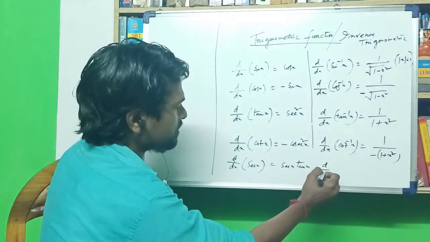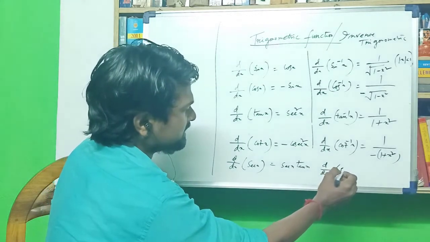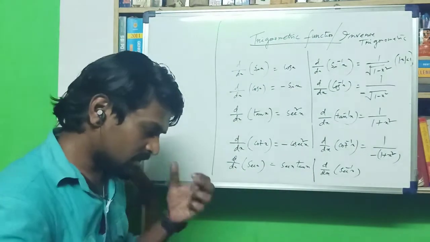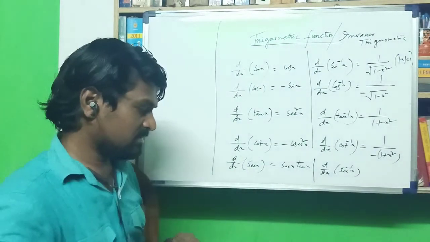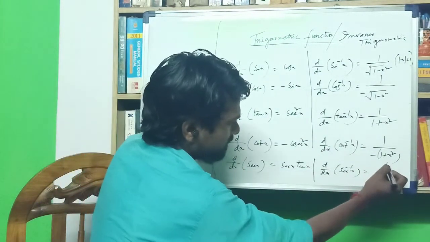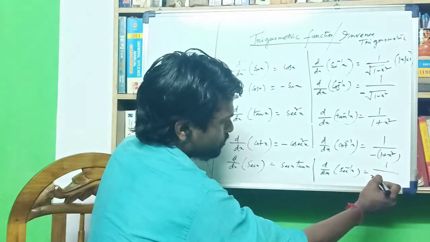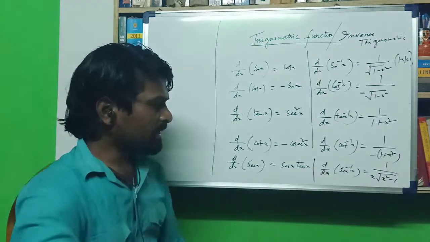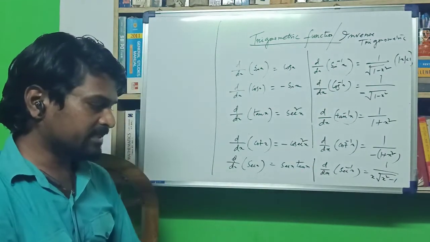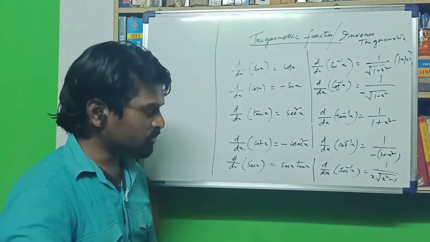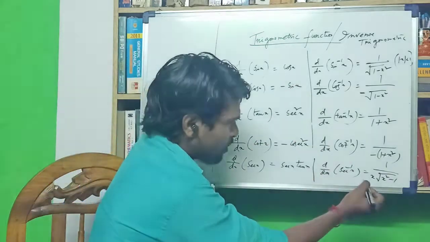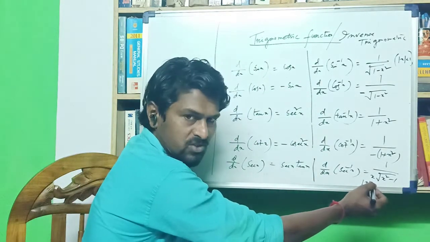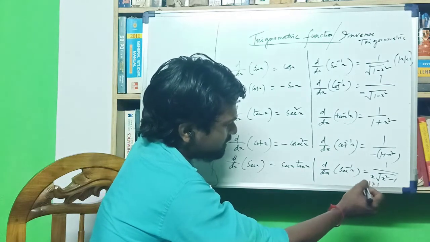So d/dx of sec inverse x is 1 by x into root under x square minus 1. Here you have to mention that mod of x is greater than 1.